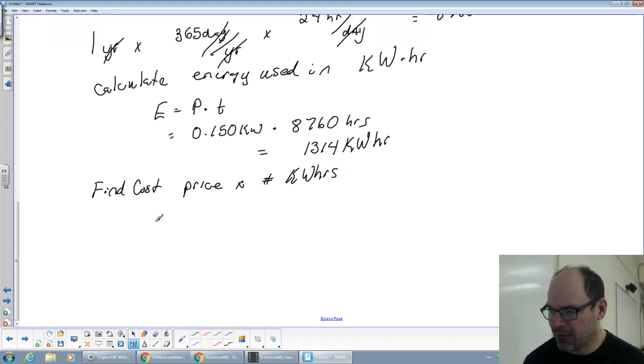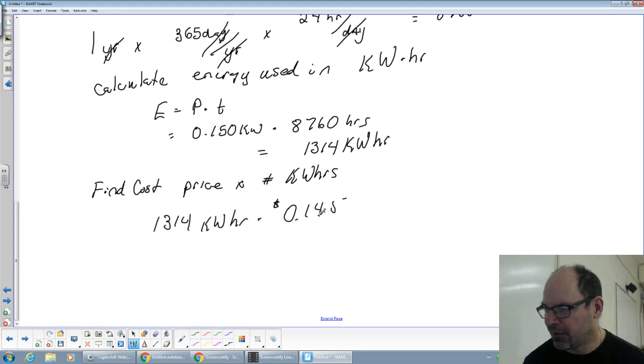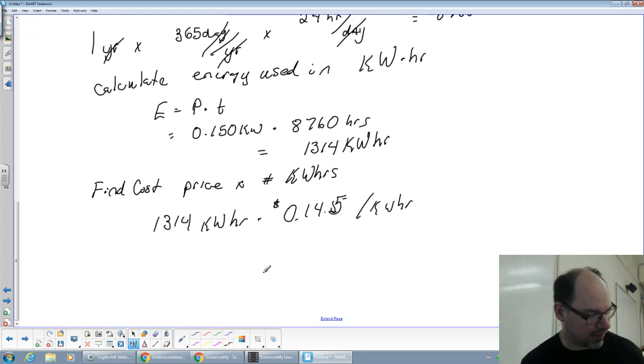That would be 1,314 kilowatt hours times $0.145 per kilowatt hour, which I think is approximately where the price of electricity is right now.